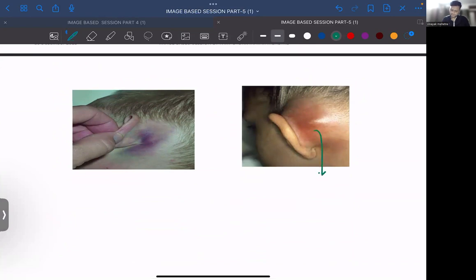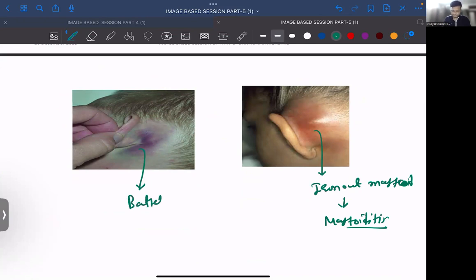Redness on the mastoid, what we have called is iron out mastoid, right? It is found in mastoiditis. Bluish discoloration on the mastoid is called Battle sign. Where is it found?